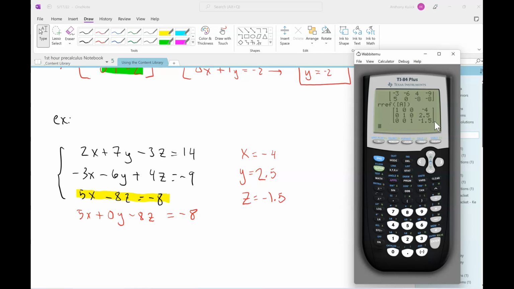The RREF? You press second, and then the matrix button. You go to the math tab and scroll all the way down to the bottom. Did you find it?